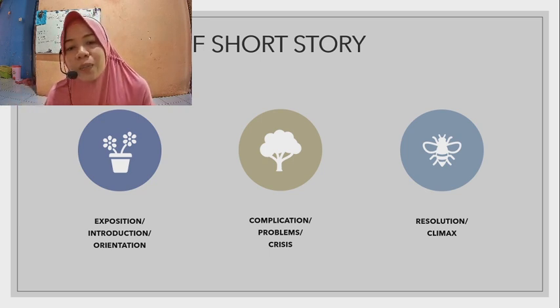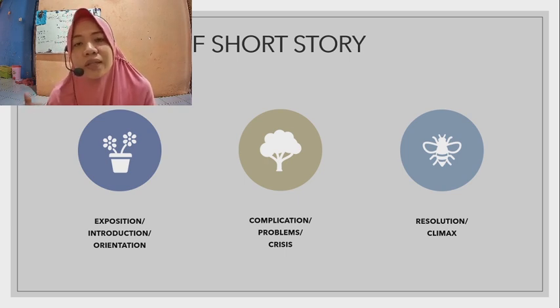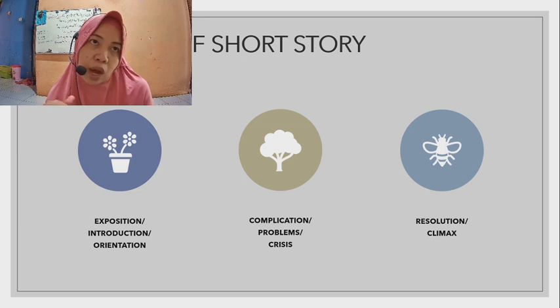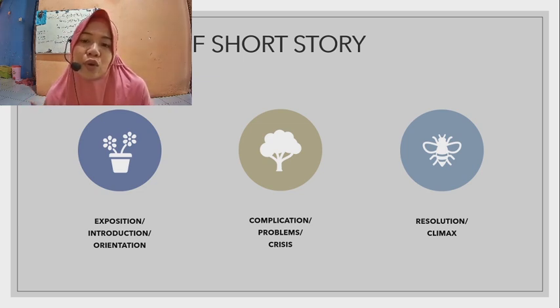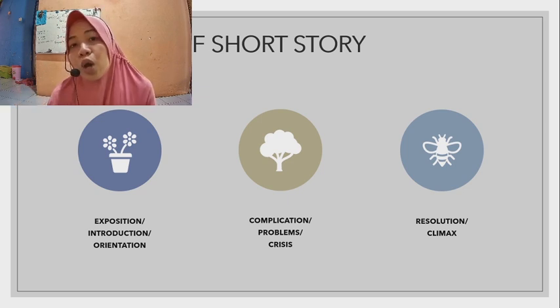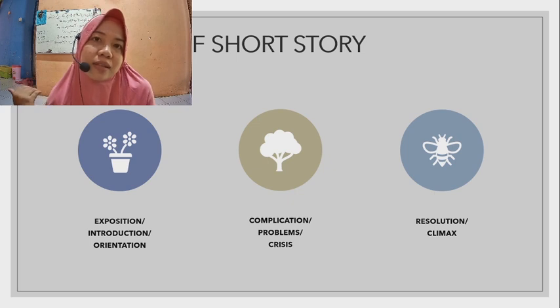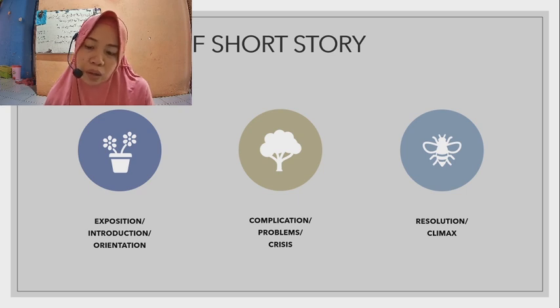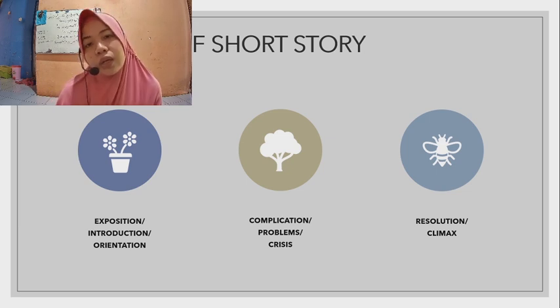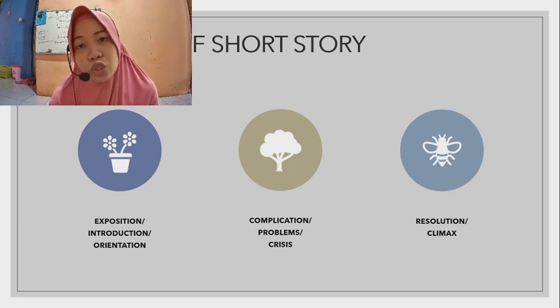And then there is a part of complications or problems or crisis, or the conflicts which happen in the story. And then later, of course, you will have the resolution or climax as the top or the end of the story itself. But it depends on how the writers develop the story itself.